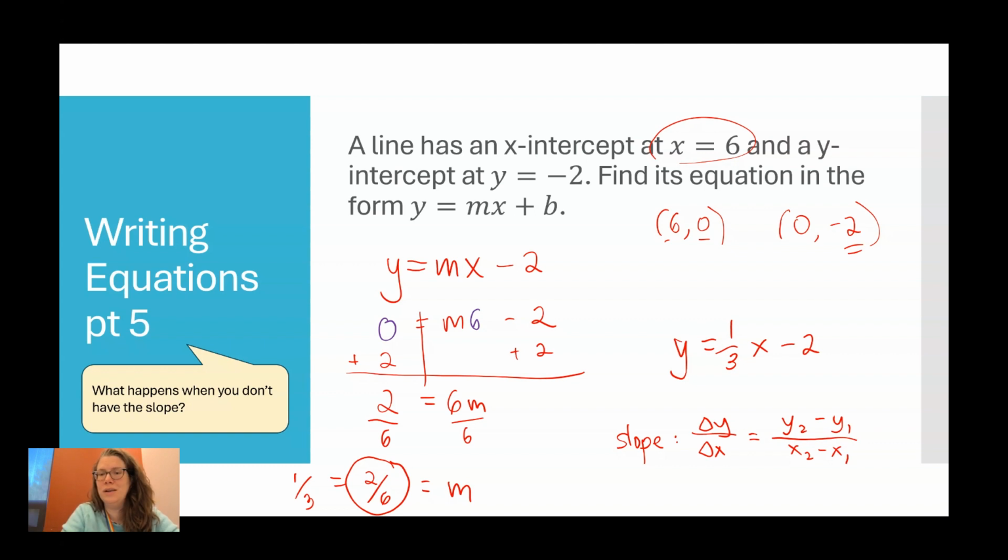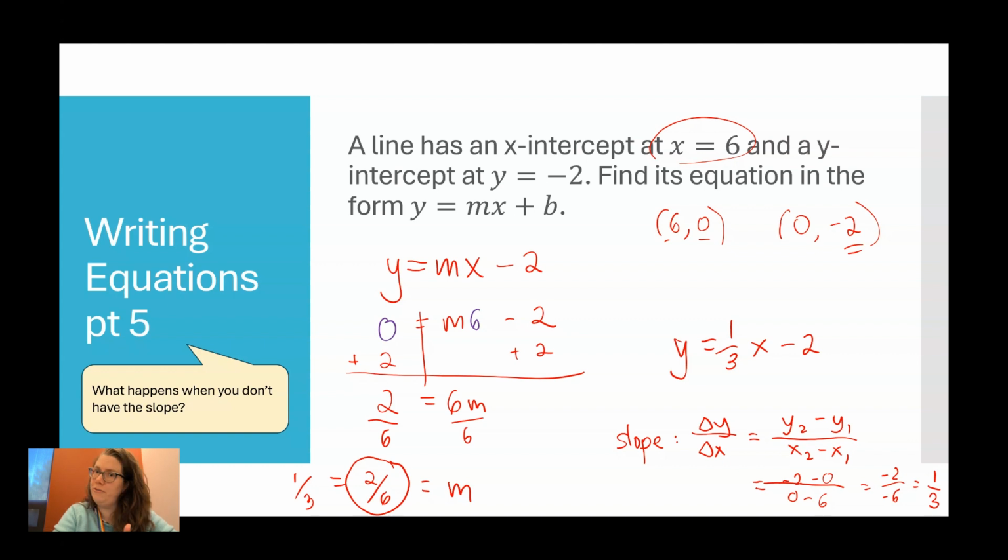In this one, we might have (-2 - 0) over (0 - 6), which gives us -2 over -6, which simplifies to positive 1/3. So a couple different ways to look at that one when you have the intercepts.